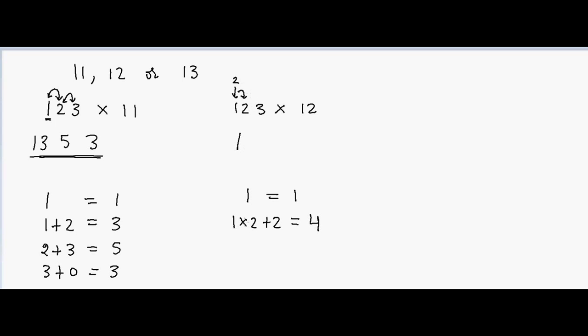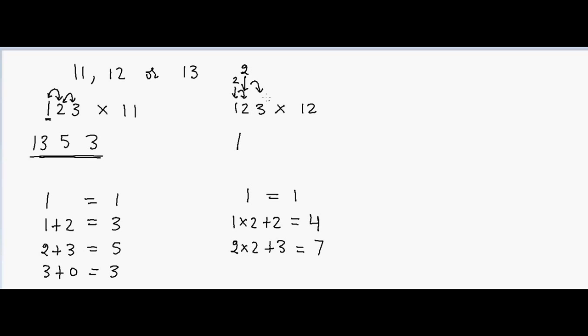Then for calculating the third digit of the answer, I'll do 2 into 2 plus 3, that will be equal to 7. So I multiply this by 2 and then I add the 3, so that will be equal to 7.